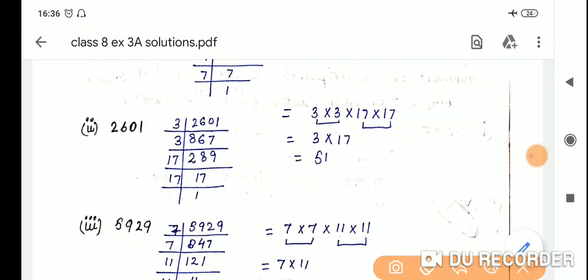I asked this question in the quiz, that is, 2601 is a perfect square. Some of you answered that no, it is not a perfect square because it seems like a prime number. But you remember this thing, don't just look and decide or judge whether it is a prime number or not. Just check it by doing it. In exams you are trying to write things fast, है ना, तो you are not able to think properly at that time.